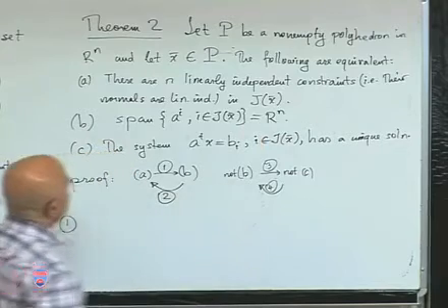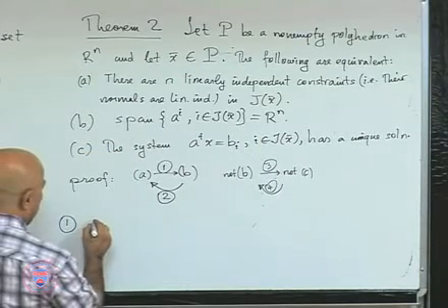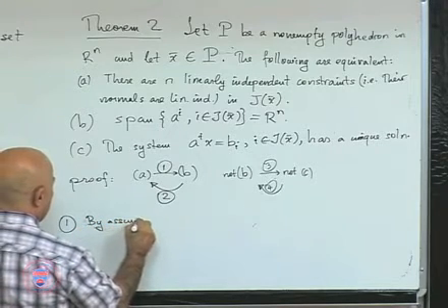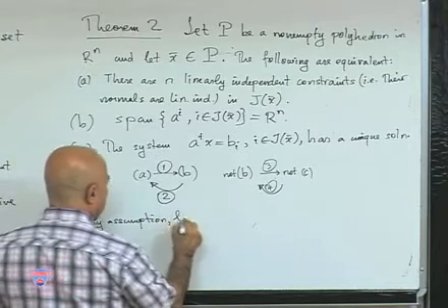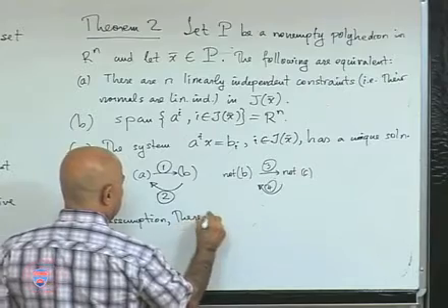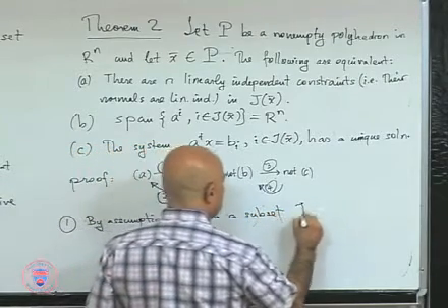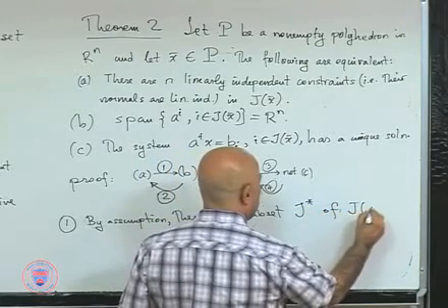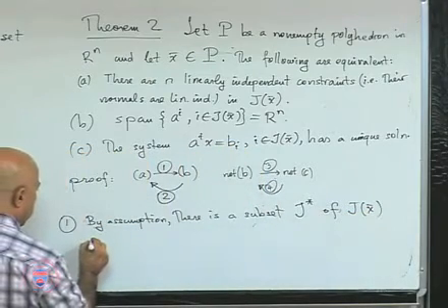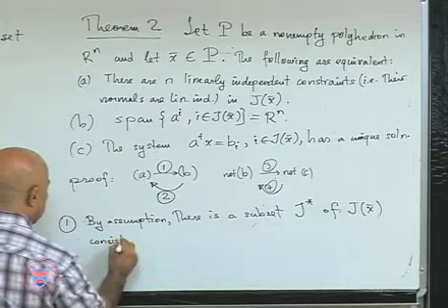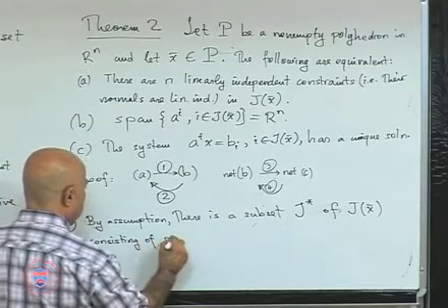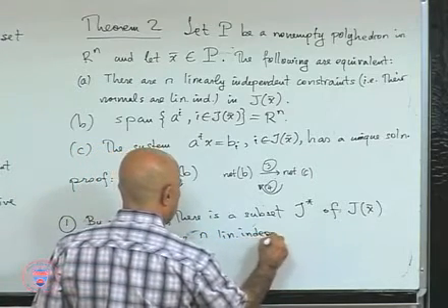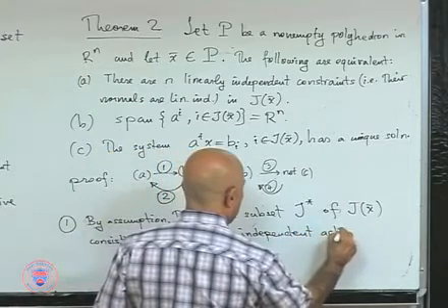There are n linearly independent constraints in J of x bar. So by assumption that A holds, there's a subset, say J star, of J of x bar consisting of some n linearly independent constraints. Of course, these are active constraints.